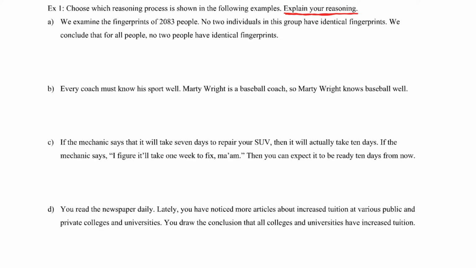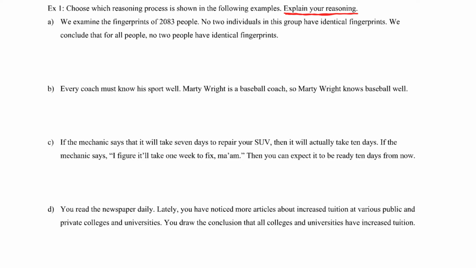So the first example says that we examined the fingerprints of 2,083 people. No two individuals in this group have identical fingerprints. We conclude that for all people, no two people have identical fingerprints.